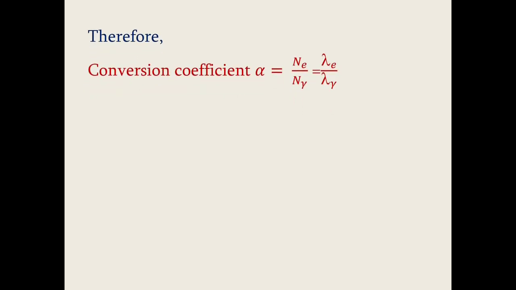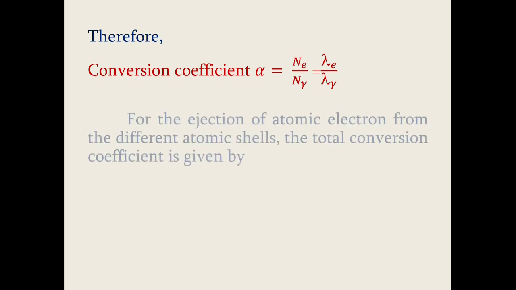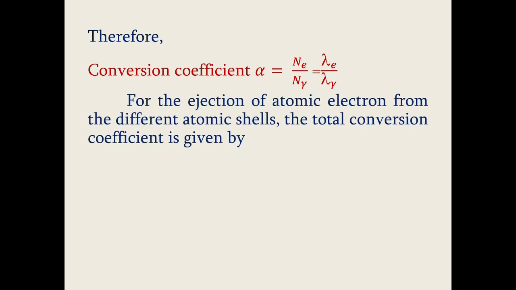So we can write the conversion coefficient, which is given by alpha equal to Ne divided by N gamma, which is equal to the decay constants lambda E of the internal conversion and lambda gamma for gamma emission.